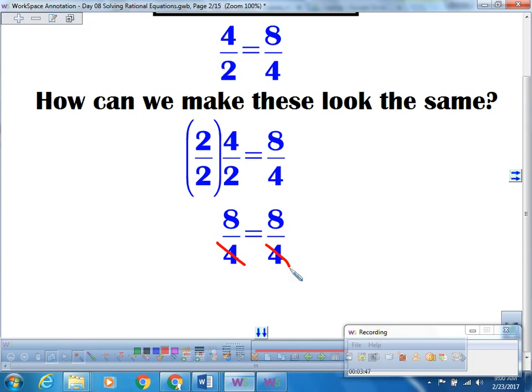Do you know why I can do that? Because they're the same. I can remove them from the denominator. I can remove them from the numerator, right? I can cancel this way. I can cancel this way. The only way you can't cancel, and it would work on this because they're the same number, the only way that you're not allowed to cancel is across that equal sign.